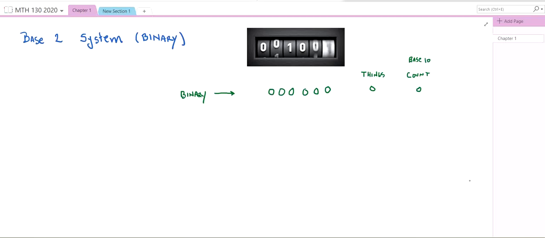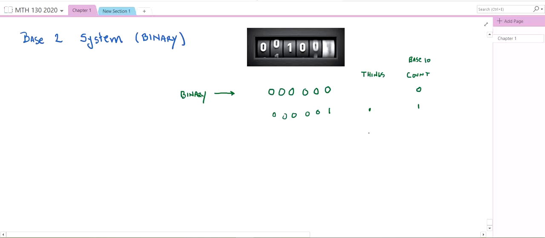With 0 things, I'm just going to leave this up as a blank. And then we would have 1 thing, or 1 in base 10. So this would go to 1. This would still be 0, 0, 0, 0, 0.